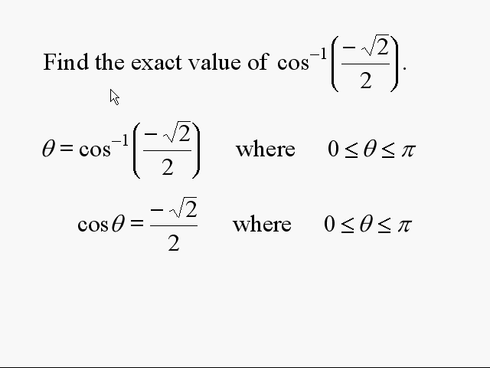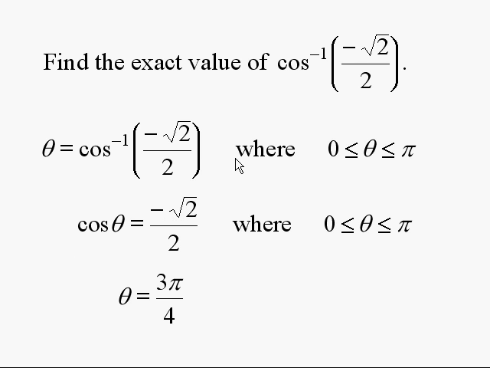And with theta between 0 and pi, that puts it in quadrants 1 or 2. Quadrant 1 has cosine positive. Quadrant 2 has cosine negative. So we want the angle in quadrant 2. An angle in quadrant 2 with an isosceles right triangle angle as a reference angle would be 3pi/4. Pi minus pi/4, 45 degrees back from there.